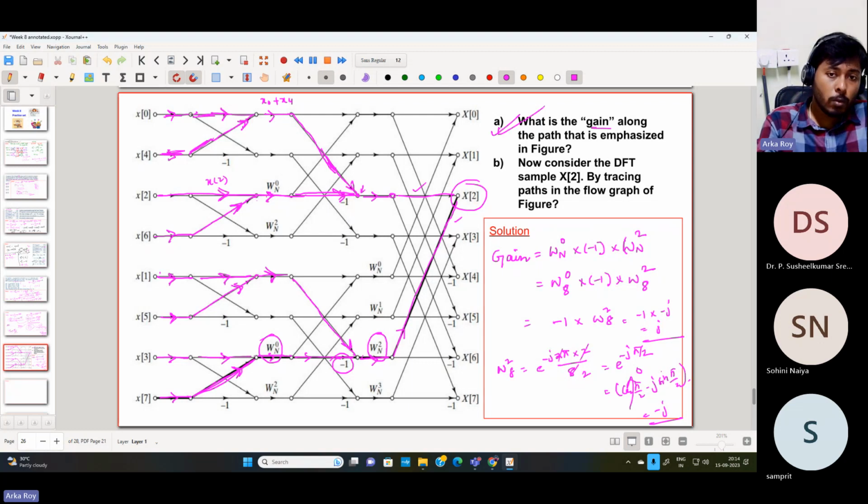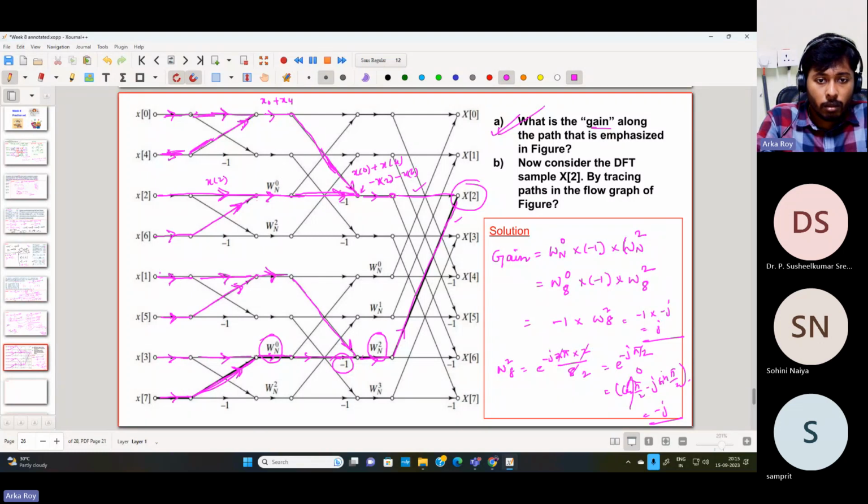W naught n is 1. So over here, there is a multiplication of -1. So that means x0 plus x4 minus x2 minus x6. Okay. So this is what this first part looks like.